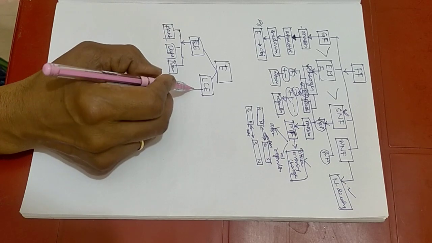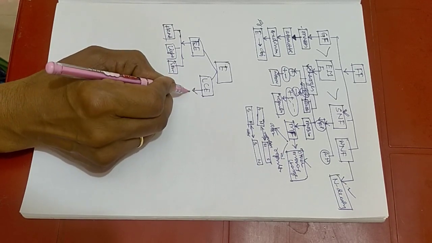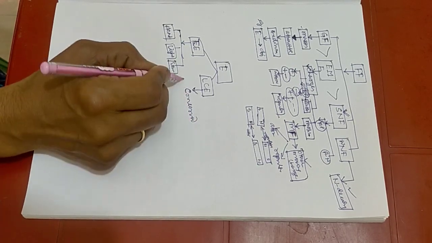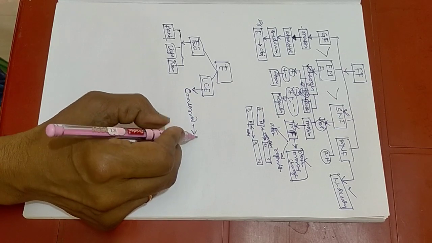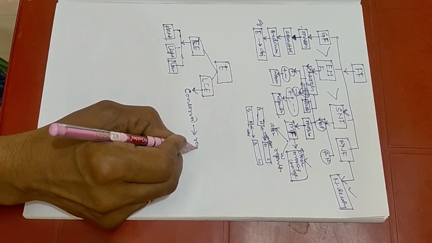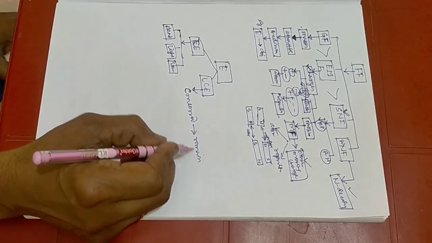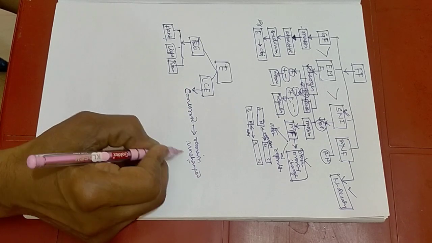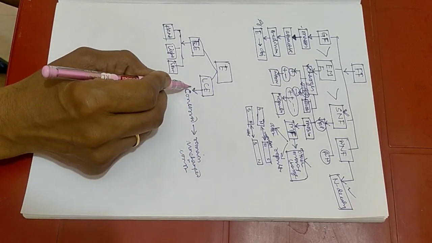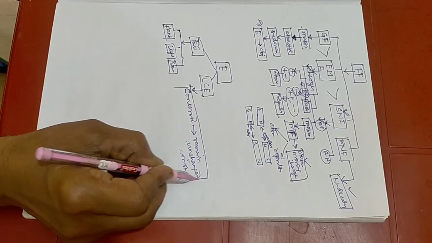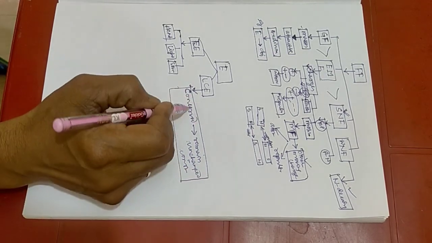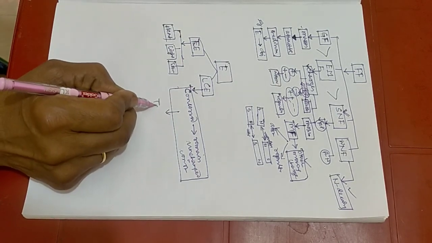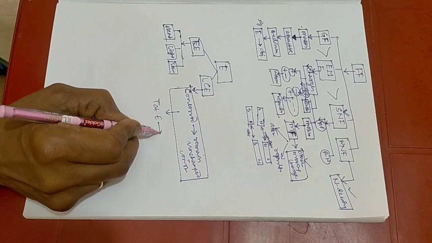Law of conservation of energy: any quantity is conserved if it remains unchanged or constant. Any physical quantity that remains unchanged or constant is termed as conserved, and if the quantity is energy, then it is termed as conserved energy. Law of conservation of energy says total energy remains constant.